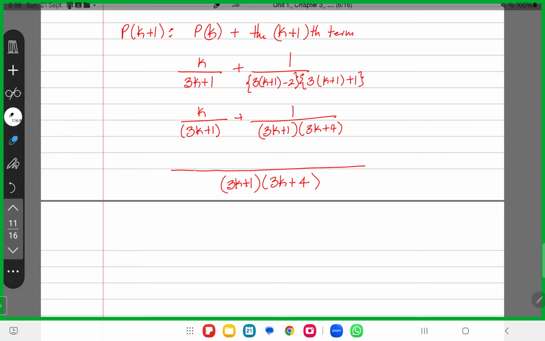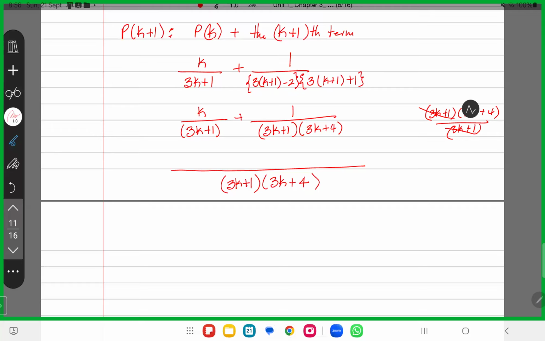Now, 3k plus 1 multiplied by 3k plus 4, divide by 3k plus 1. That cancels that, leaves 3k plus 4.